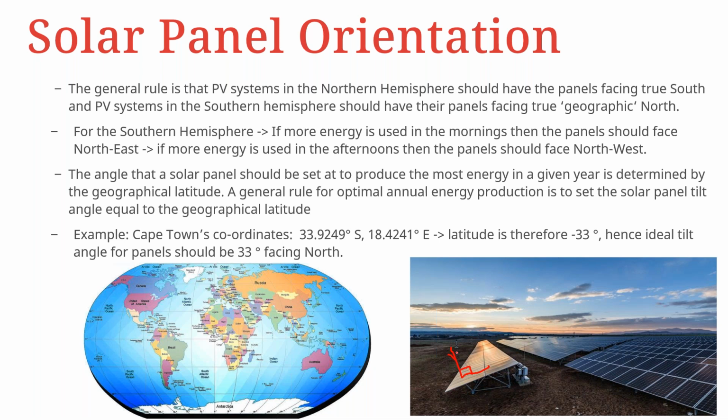So that's what we're talking about. As you can see in this case, it is assumed that these panels are tilted so that the tilt angle corresponds to the respective latitude of this particular area.